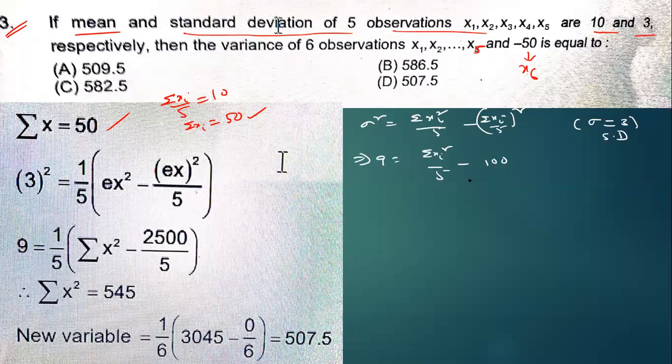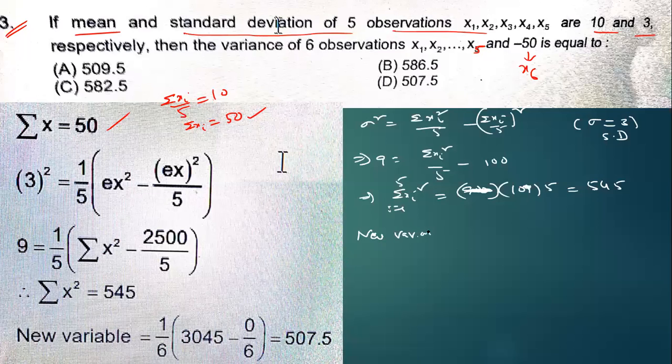Simplify: sigma x square, with i running from 1 to 5, is 109 into 5, which is equal to 545.